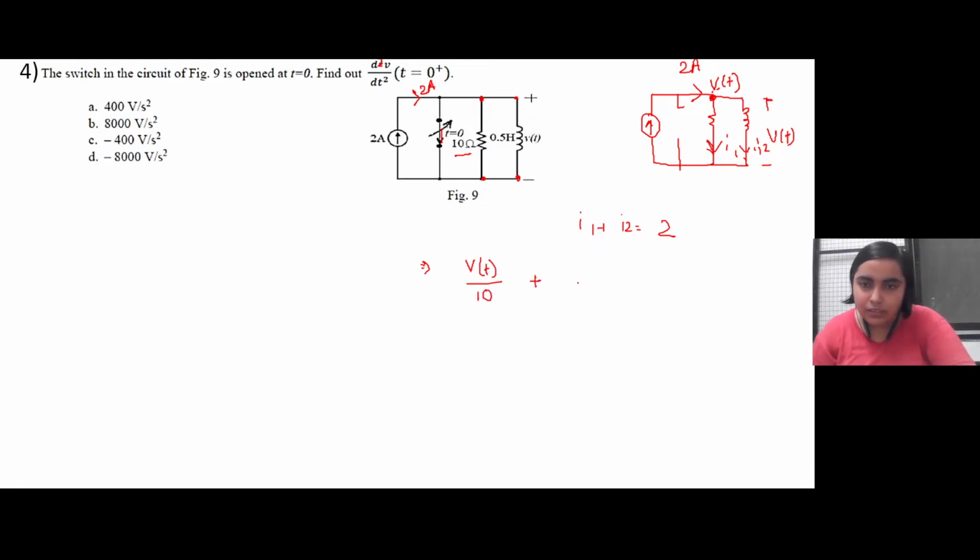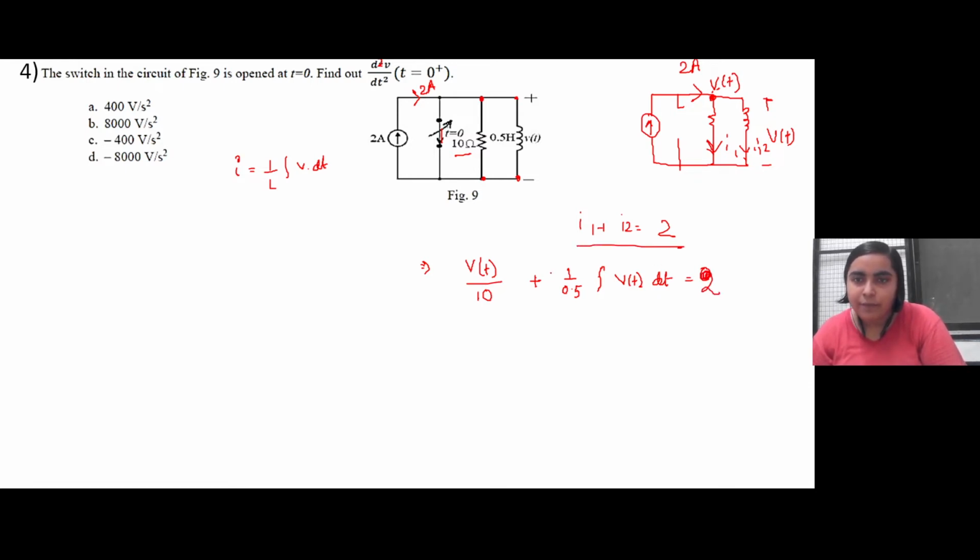For an inductor, current is equal to 1 by L integration of V dt, right? So 1 by L is 1 by 0.5, times the integration of V of t dt. This will be equal to 2, because I1 plus I2 equal to 2. But what you have to find is d square V by dt square. So what can we do?